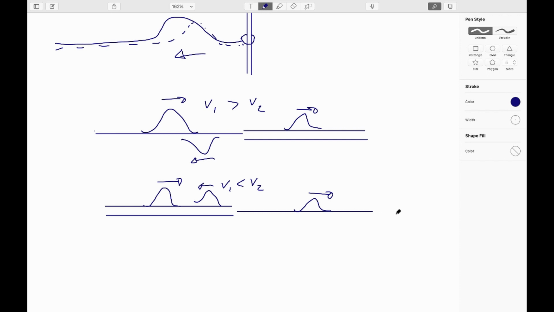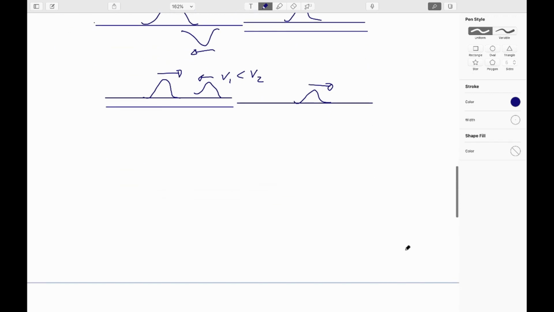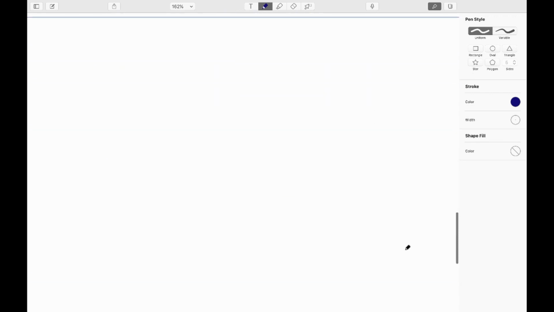So we've seen this with mechanical waves. It turns out it's the same deal with light. And the usual notation I like to use is, let's say this is my surface here. This is N1, this is N2, and let's say we are going from a low to a high index, so N2 here is greater than N1.